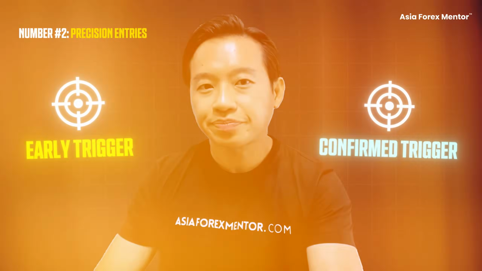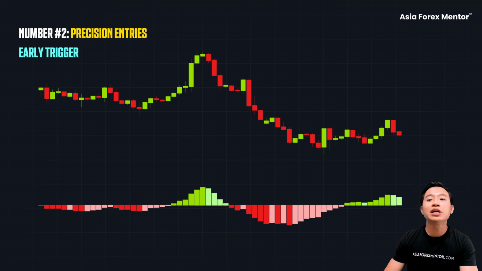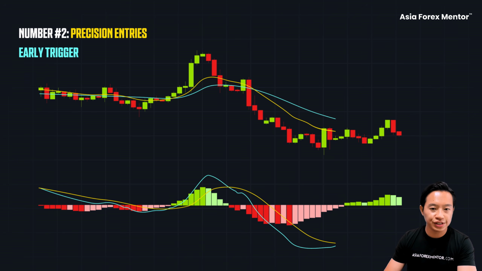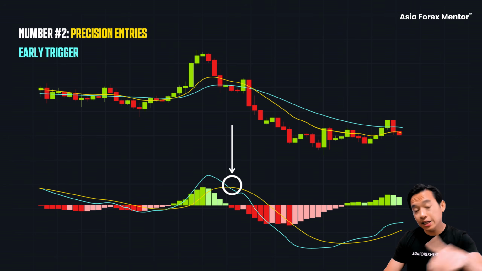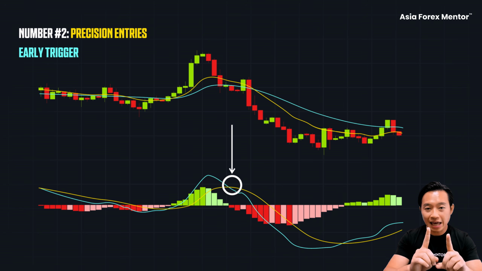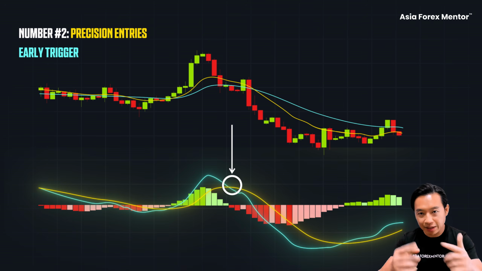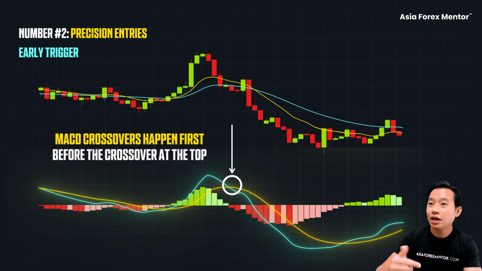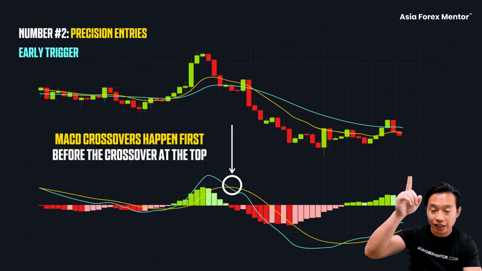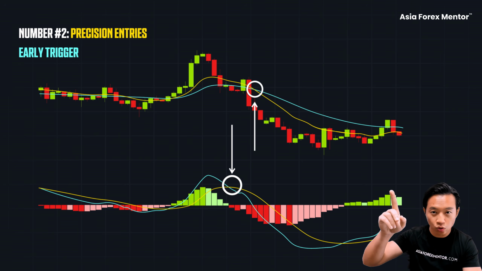All right, so now first, the early trigger. So how and what would trigger an early trigger? This is when the MACD crosses over. All right, so now, when the MACD line crosses the signal line, this often flips before the moving average on the chart itself at the top does.